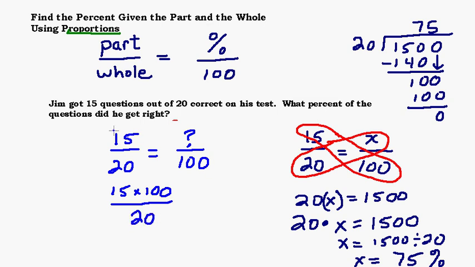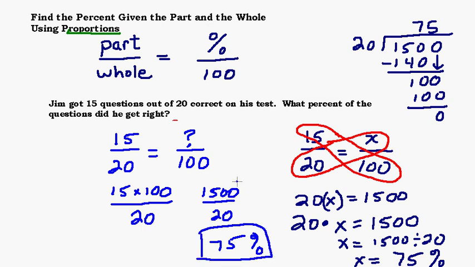Take the two numbers that are across from each other and divide it by the number that's across from what you want to figure out, which is exactly what we did over here. We took 15 times 100, which gave us 1500, and then we divided that by 20, which we did up here, and that gave us 75. So that's a way to do it without writing the x and everything like that, if you like that better. So the answer here is 75%.